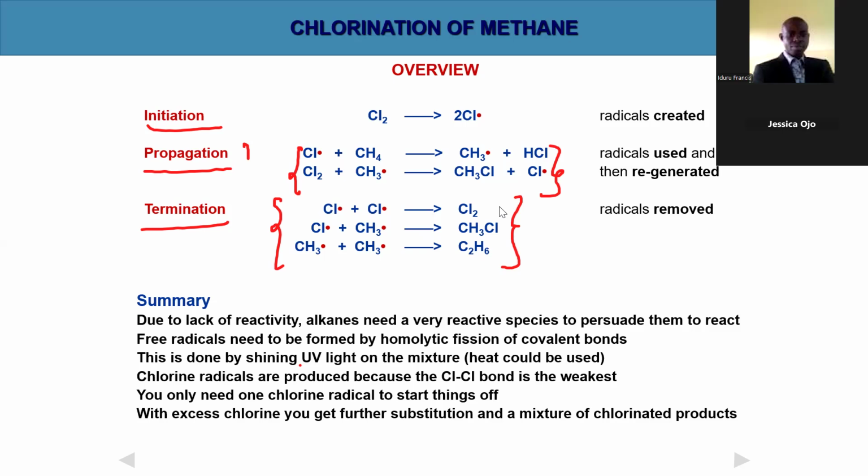So here we look at the first one, which is initiation. Under the first one, they call it radical being created. You create radical. So it occurs through your homolytic fission, where the presence of UV light will provide the minimum activation energy to break the bond into two.